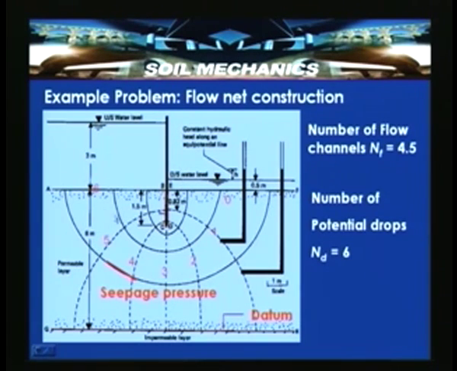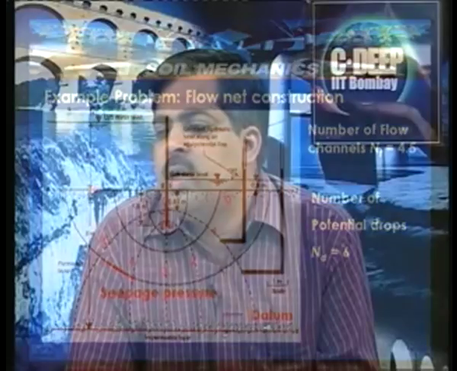The first thing in constructing flow nets is that one has to draw this cross section to a scale on a graph paper. Another assumption is that whatever we are discussing in this lecture are isotropic conditions, where Kx is equal to Kz is equal to K.